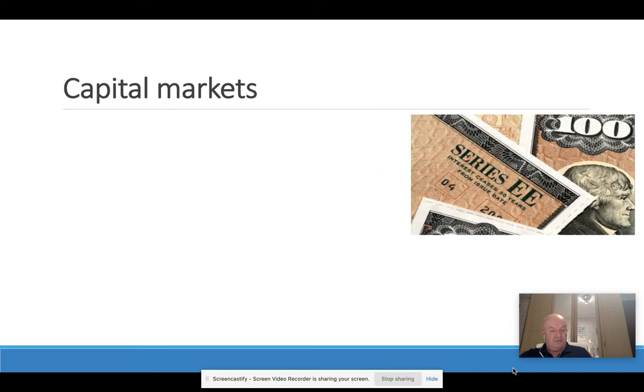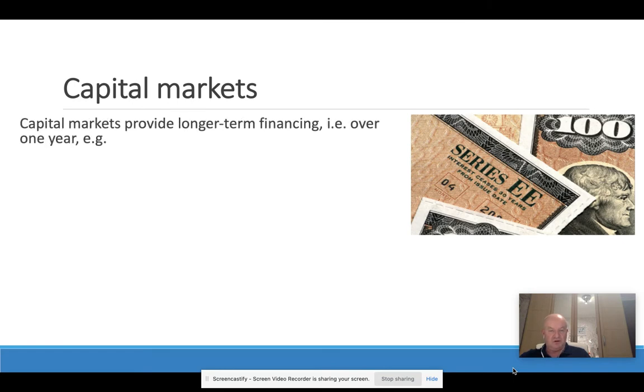There are a couple of other things to consider as well if we're talking about these different types of marketplace that the financial sector is providing us, and one is capital markets. We mentioned earlier that capital markets are about long-term financing, normally over 12 months.